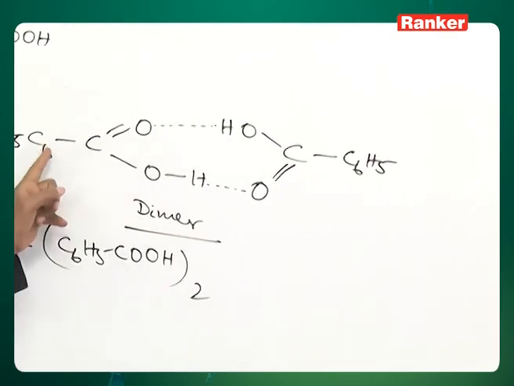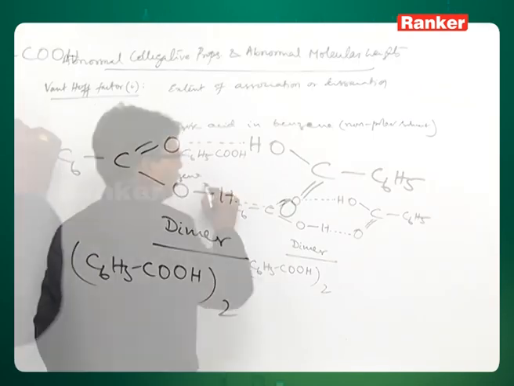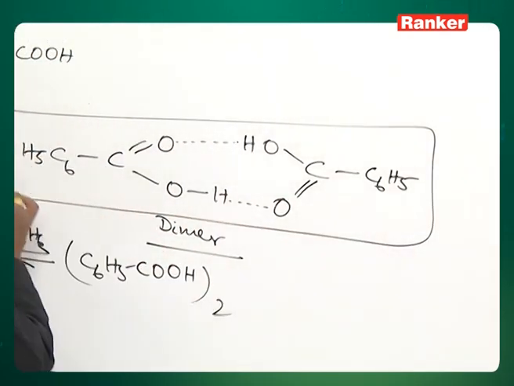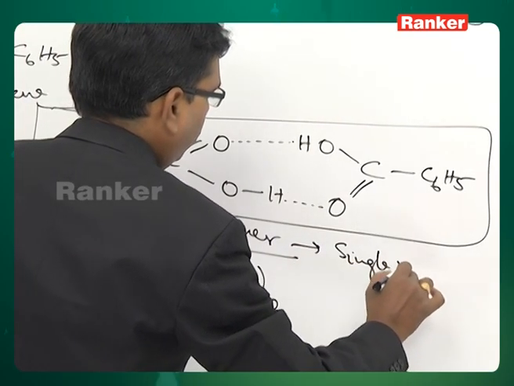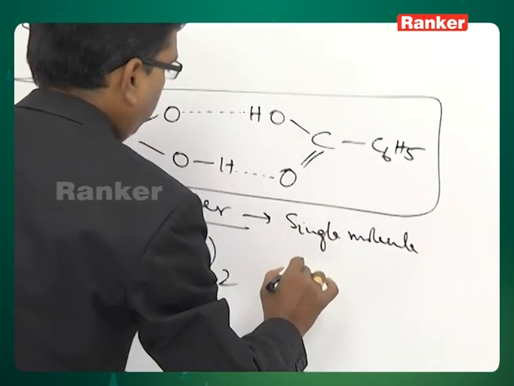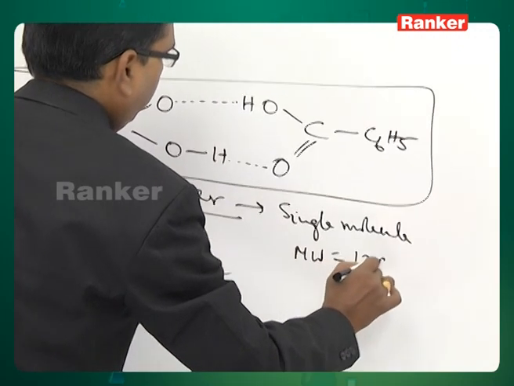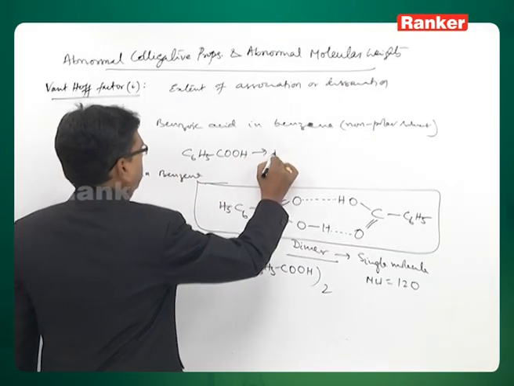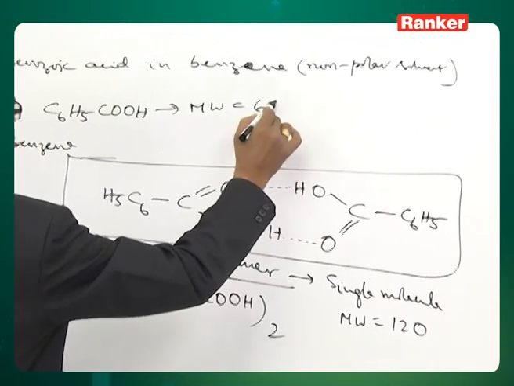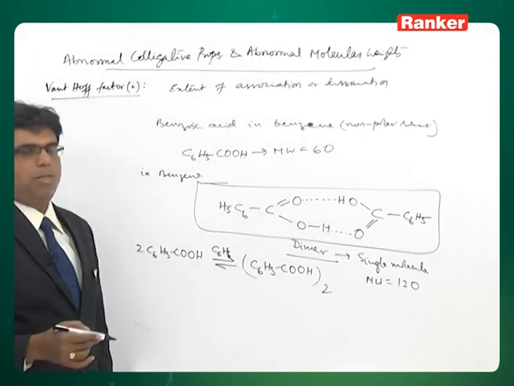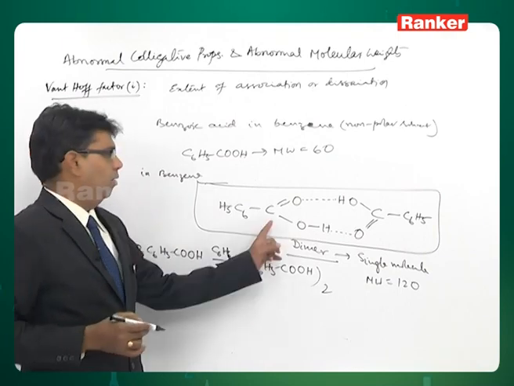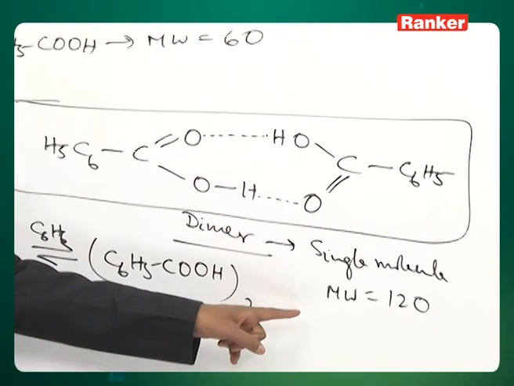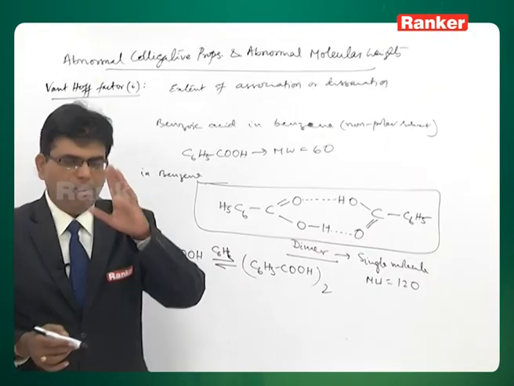The whole thing will now act as a single molecule with a molecular weight of 120. Actually, here the molecular weight is 60. So, in benzene it is undergoing dimerization. As a result, the number of molecules is getting halved.